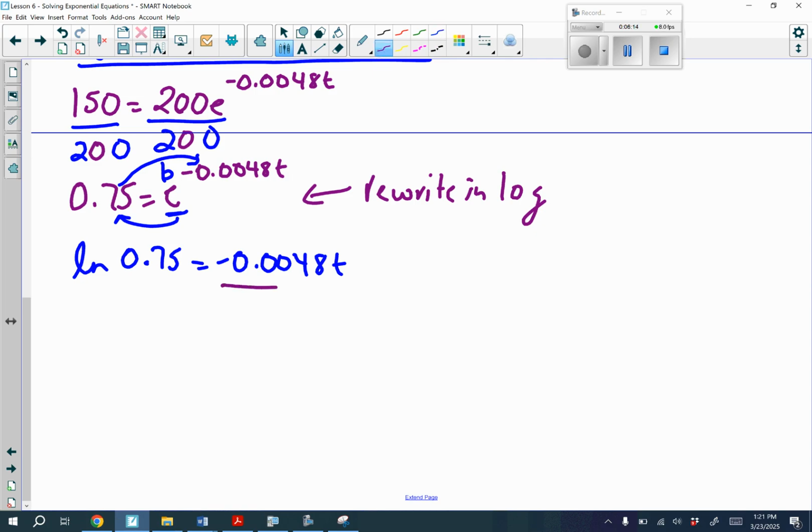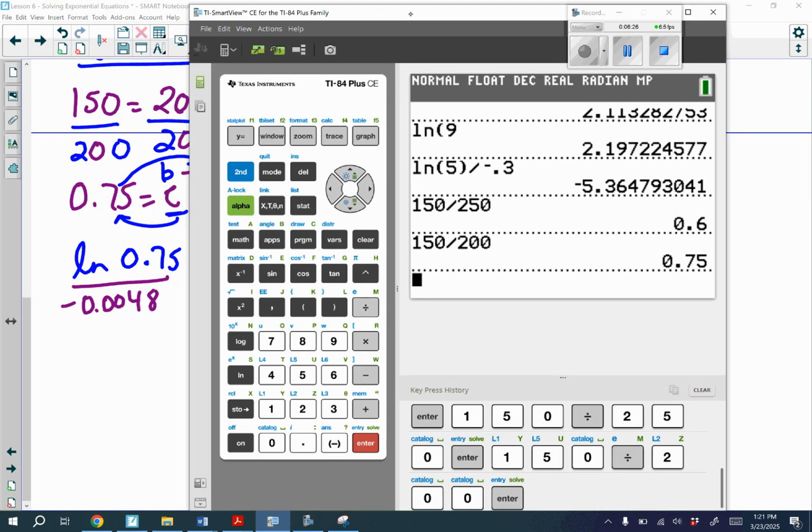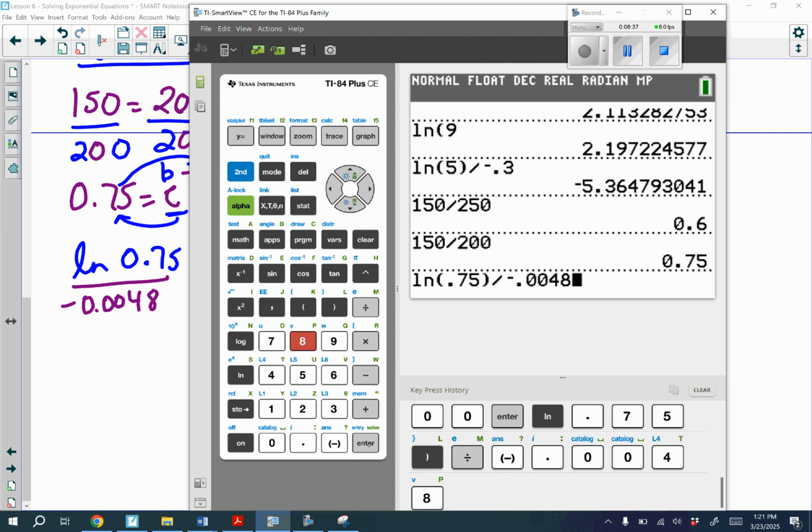Now, I do need to get t all by itself in order to solve. So I'm going to divide both sides by negative 0.0048, and I'm going to plug this into my calculator. Because the natural log is in the numerator, I click on natural log 0.75, or if you left it as that fraction, make sure you close off the parentheses, then divide by negative 0.0048.